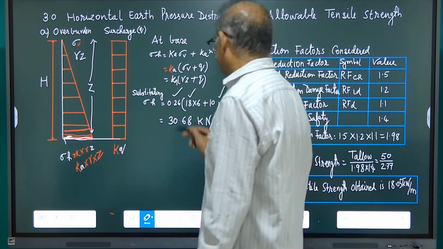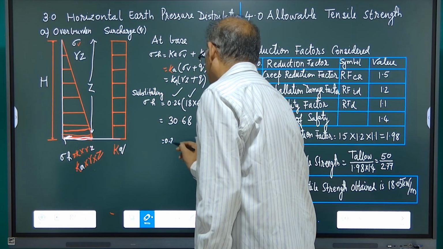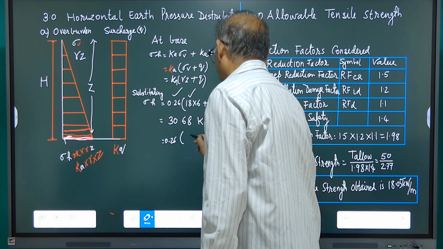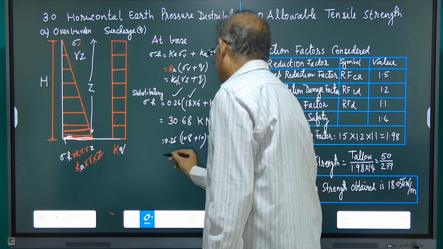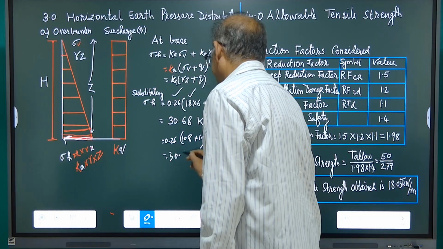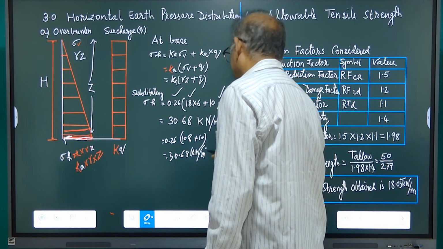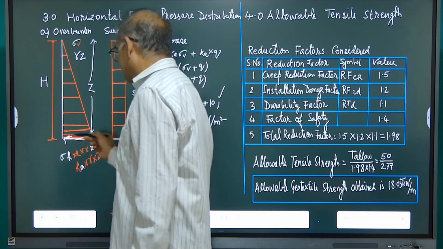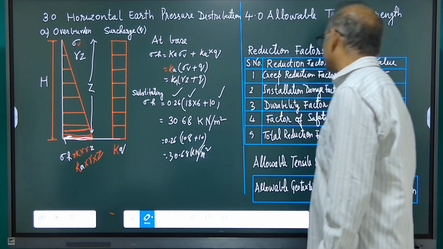So solving this, 0.26 into (108 plus 10), it will come 30.68 kilonewton per meter square. The pressure at the base of the wall will be 30.68 kilonewton per meter square.